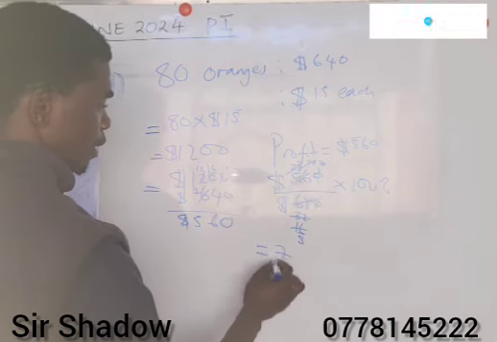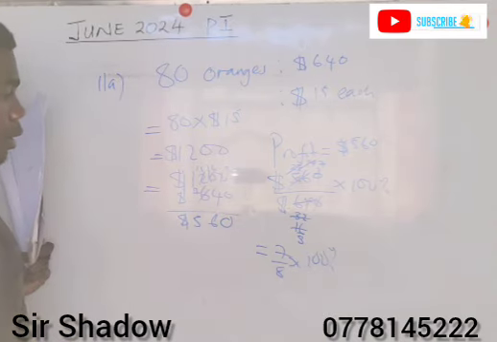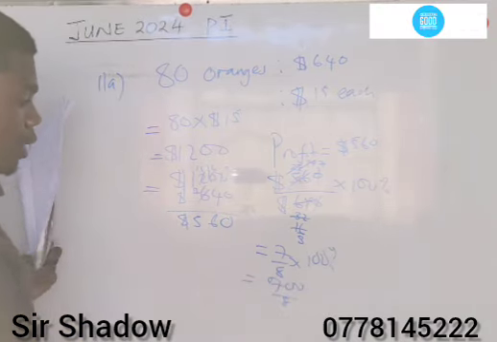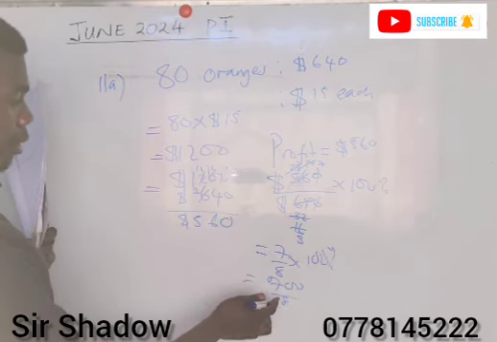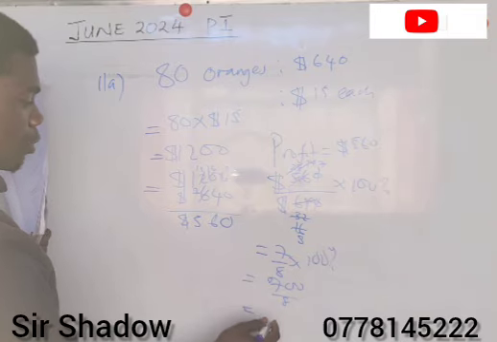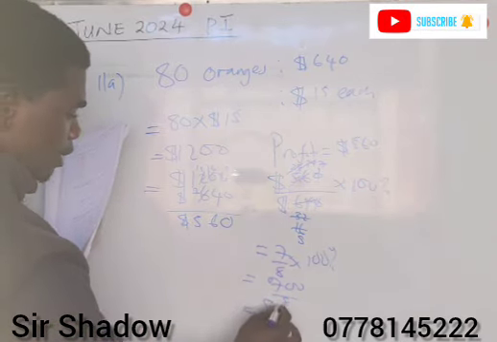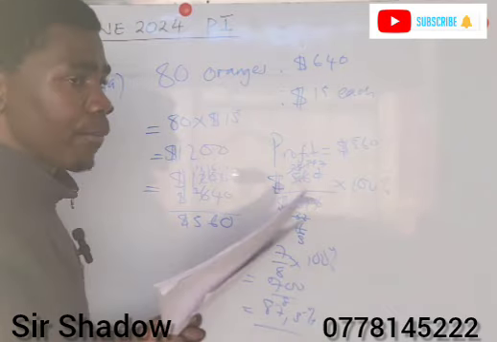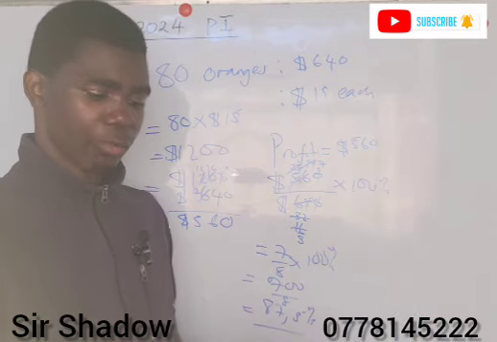We have 7 over 8 multiplied by 100%, which is 700 divided by 8. 8 into 70, then 8 into 64, it becomes 87.5%. So this is the percentage profit we were asked to find.